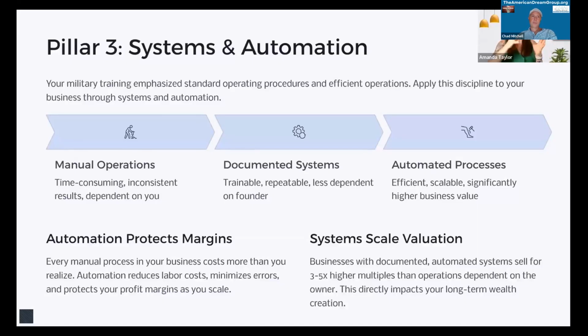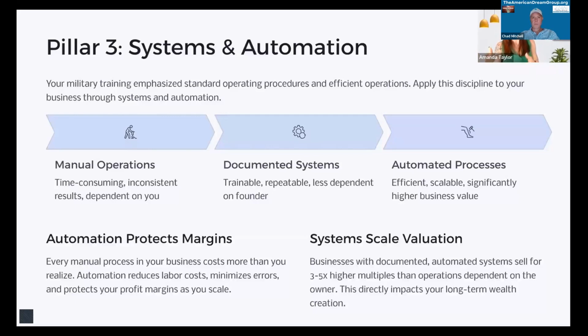Again, things that you are doing on a regular basis. How are you tracking those processes so that they can be repeatable and less dependent on you? Do you have those documented? Do you have those processes as standard operating procedures so that you can easily transfer those responsibilities to someone else, train new team members, VAs?